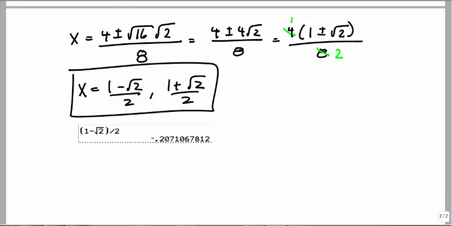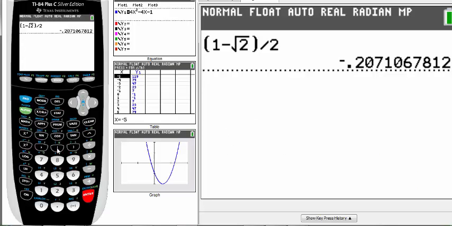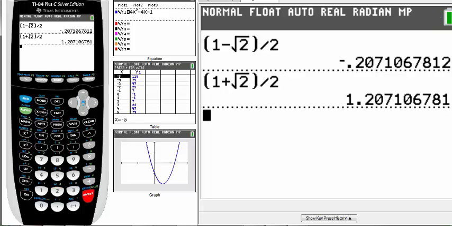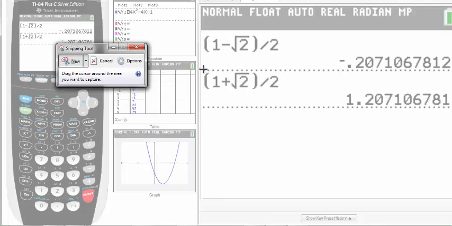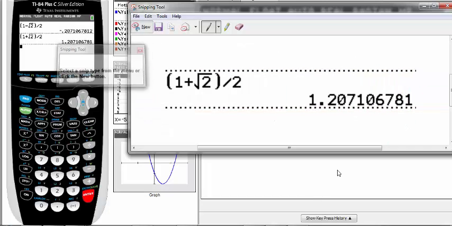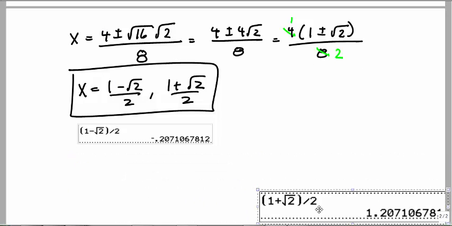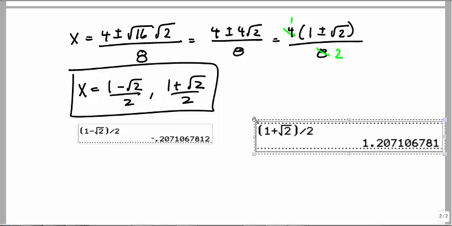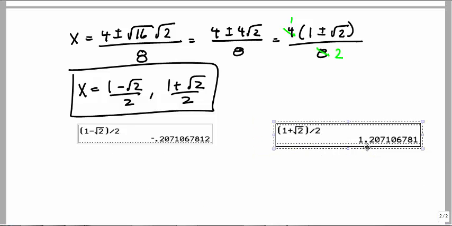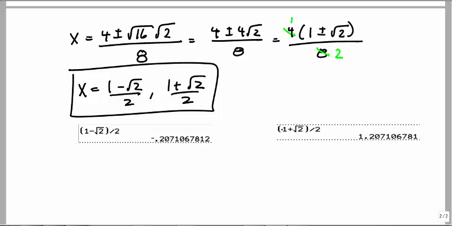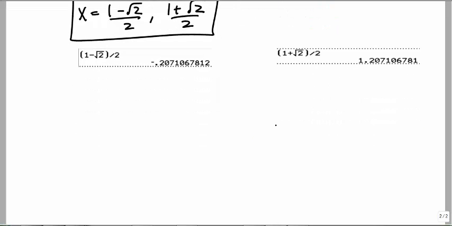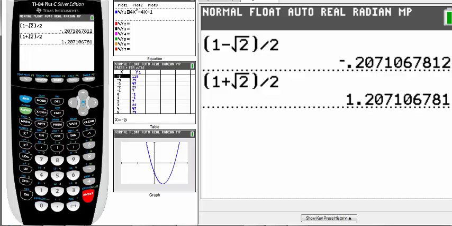The other solution is 1 plus root 2 all over 2. And again, from my graph, I expected to see a solution that was between negative 1 and 0, which I have on the left, and I expected to see a solution that was between 1 and 2, and I have that on my right.